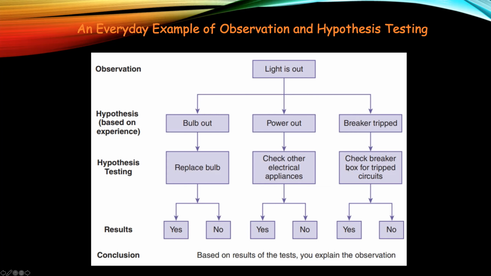If it doesn't, none of your hypotheses worked, and something else is going on. For example, maybe the power company has shut off everything in your area. But anyway, this is a very simplistic but realistic way that we all go about making observations and testing hypotheses in our everyday lives.